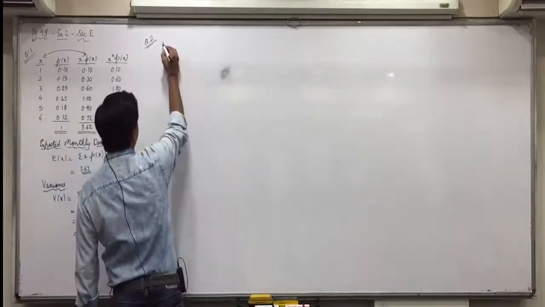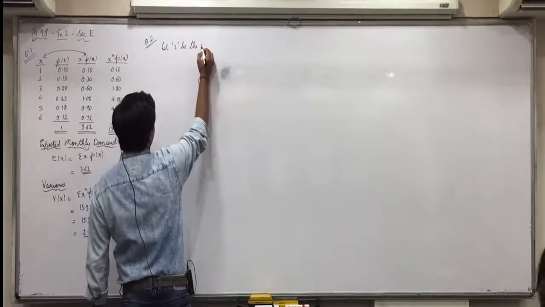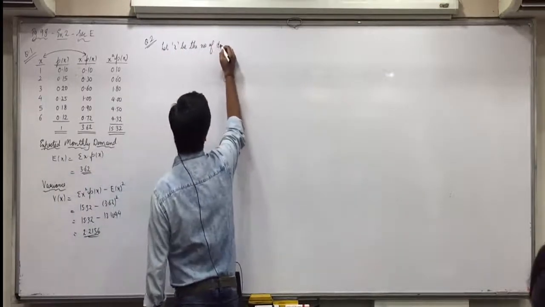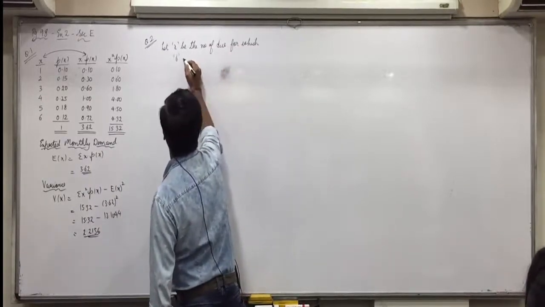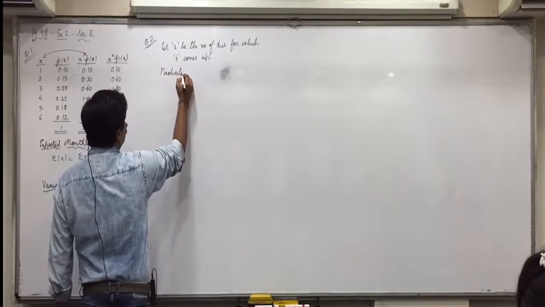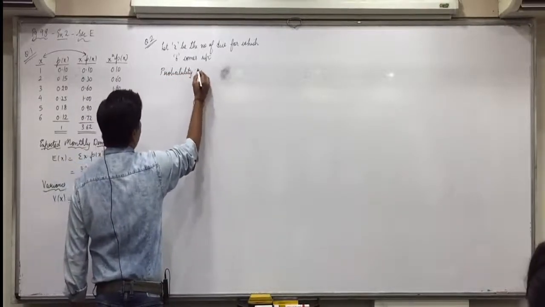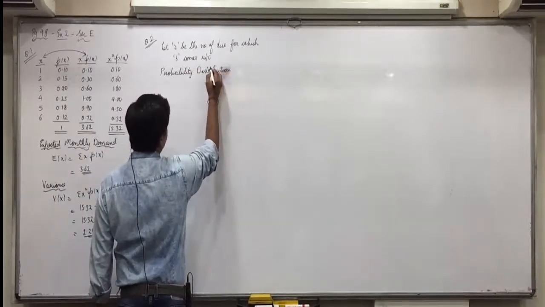Write down, let x be the number of dice for which 6 comes up. Now only probability distribution is asked, but important is to understand the values of x. Let me see how many of you are able to identify that.